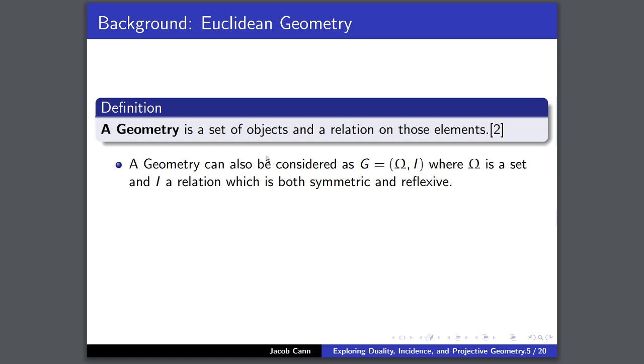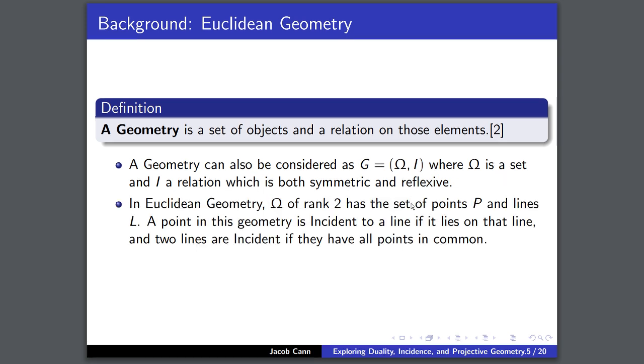A geometry can be considered as the geometry equals omega comma incidence, where omega is the set and I a relation which is both symmetrical and reflexive. In Euclidean geometry, omega of rank 2, like the second dimension, has the set of points P and lines L. A point in this geometry is incident to a line if it lies on the line, and two lines are incident if they have all points in common.